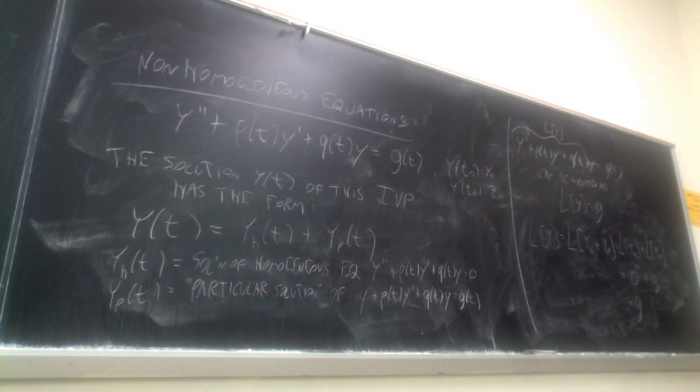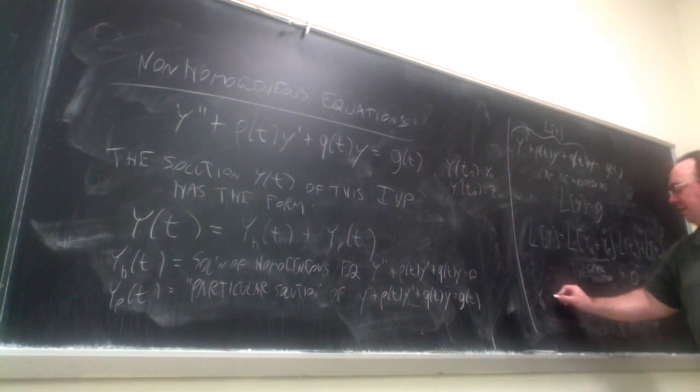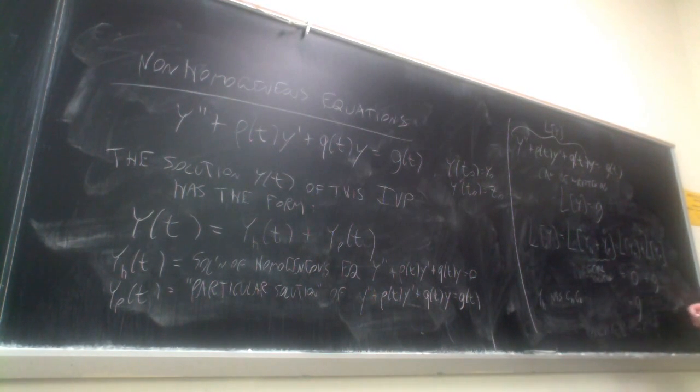So that's why we refer to this as the general solution. Just like before, it's whatever describes all possible solutions of the differential equation. And what's going to happen is y_h is, like before, going to have arbitrary constants c1 and c2 in it.